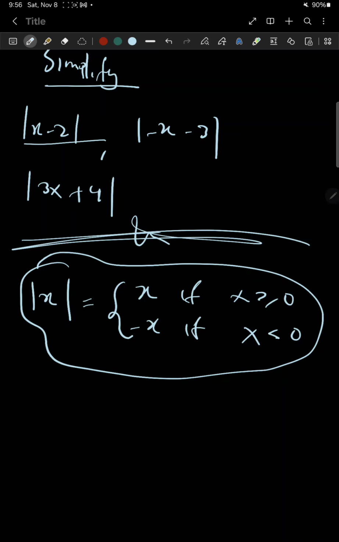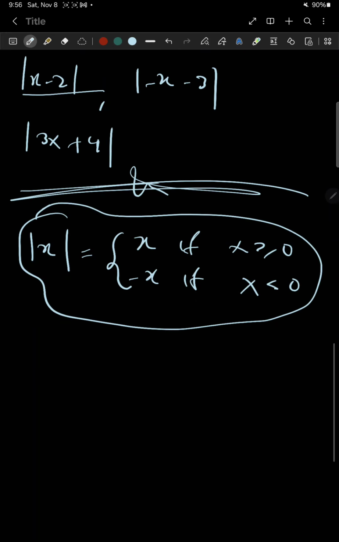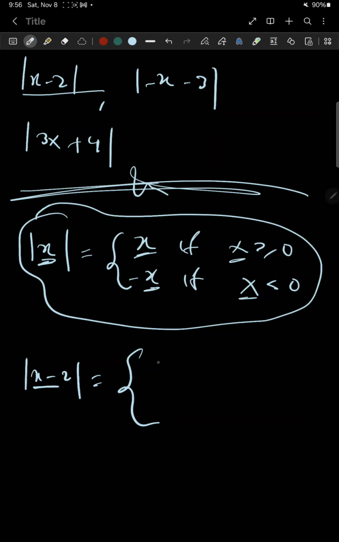Now, how do we simplify this relating to this? I want you to notice something here. Wherever there is x, I have replaced it with x minus 2. So even here you have to replace it with x minus 2. So what is inside is positive if what is inside is greater than or equal to 0, then negative x minus 2 if x minus 2 is less than 0.